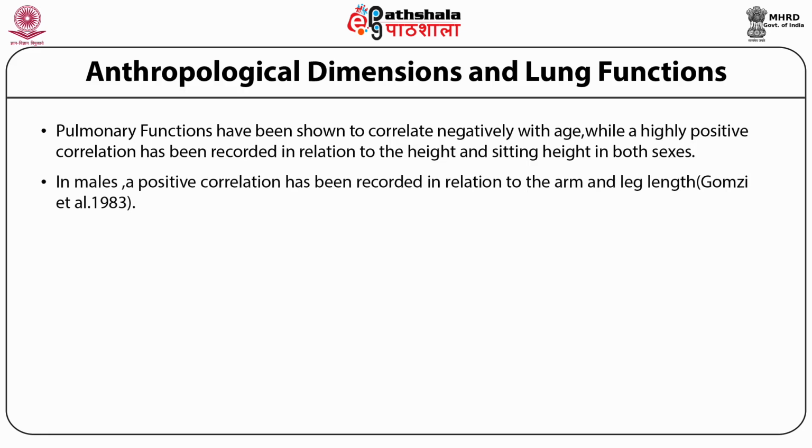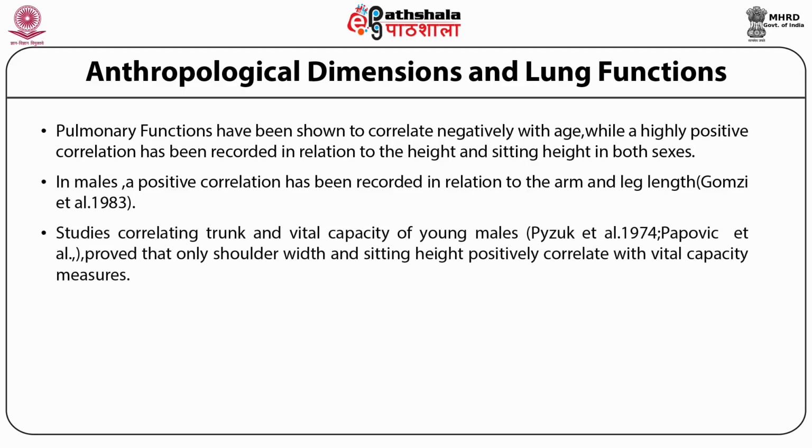Among men, a positive correlation has been recorded in relation to the arm and leg length. The pulmonary functions of women negatively correlate with the body circumference. Studies correlating the trunk and vital capacity of young males proved that only shoulder width and sitting height are positively correlated with the vital capacity measurement.